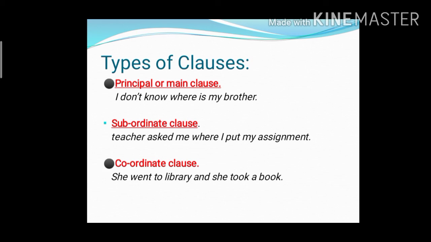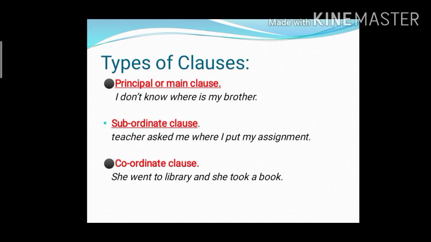Whereas a coordinate clause may be defined as a clause that is joined with coordinating conjunctions like and, but, nor, yet, for. If these conjunctions are used to join the clauses, they will be referred to as coordinate clauses.